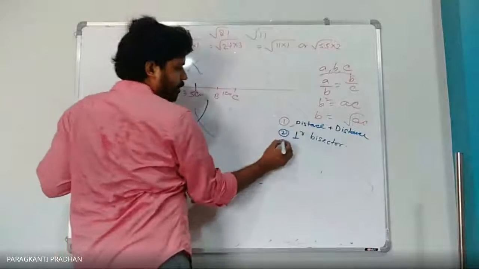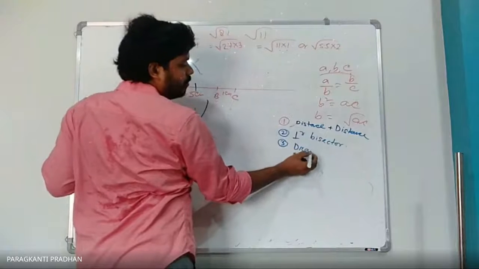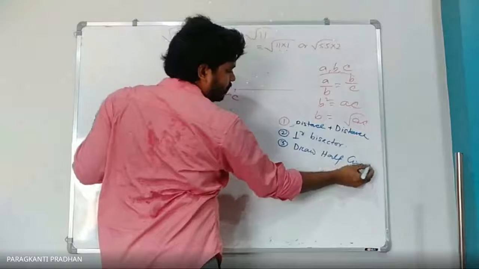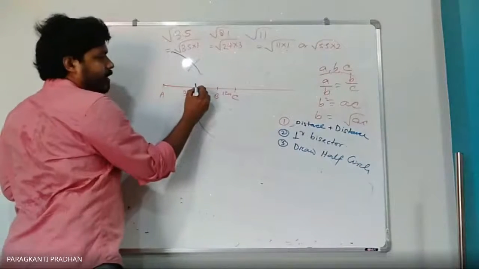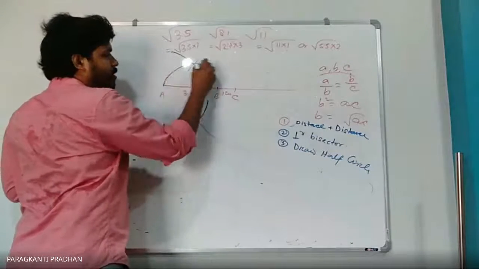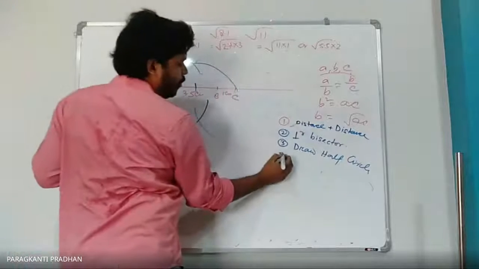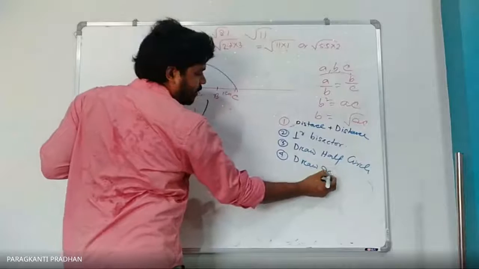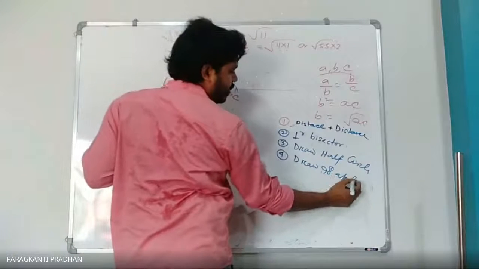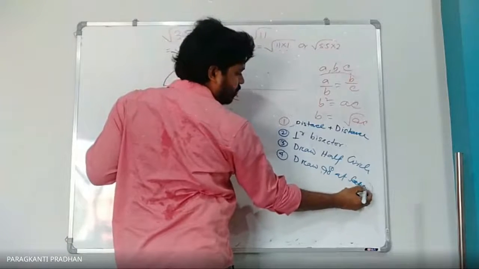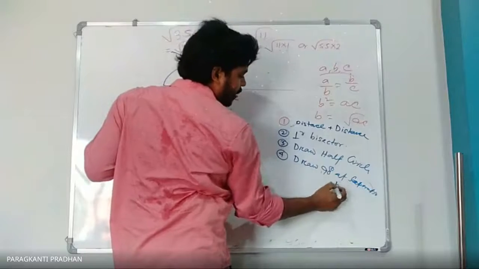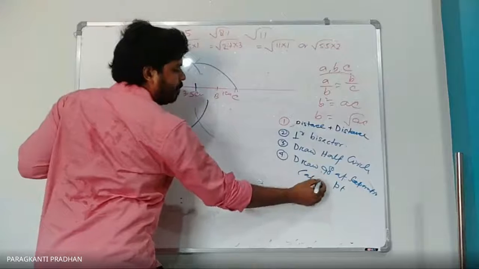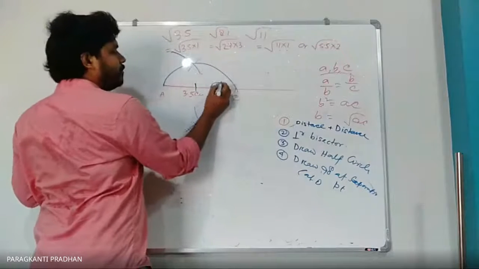Number 3 point, draw a half circle. This is the center and just draw the half circle. Number 4, draw 90 degree at the separation point. This is the separation point at B. At B, draw 90 degree.